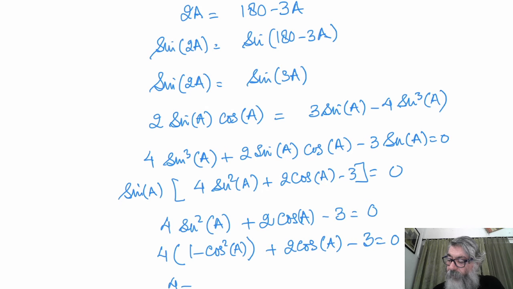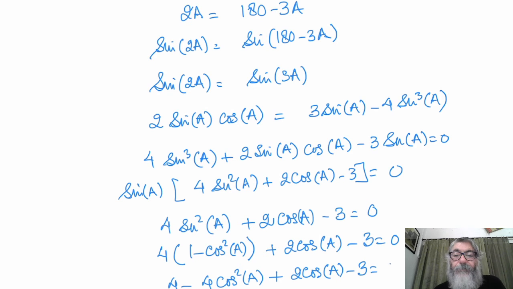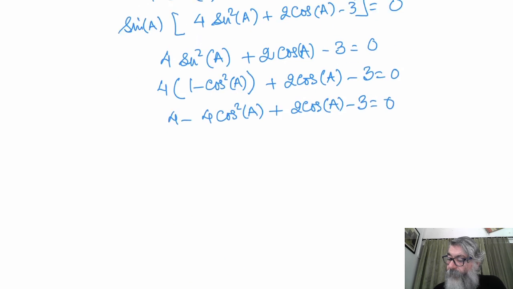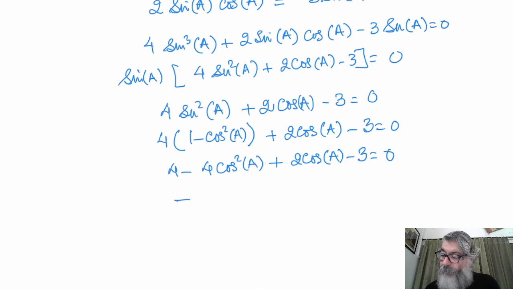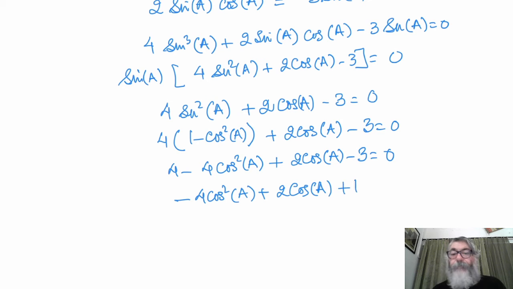So 4 minus 4 cos square A plus 2 cos A minus 3 is equal to 0, which gives minus 4 cos square A plus 2 cos A plus 1 is equal to 0.